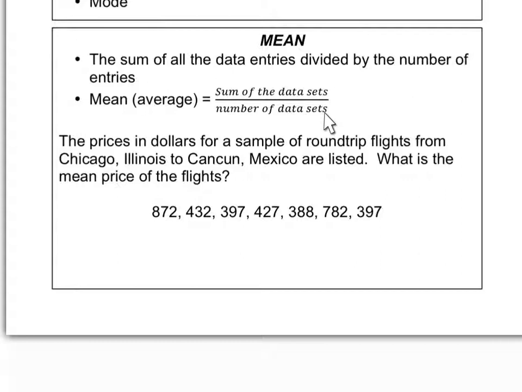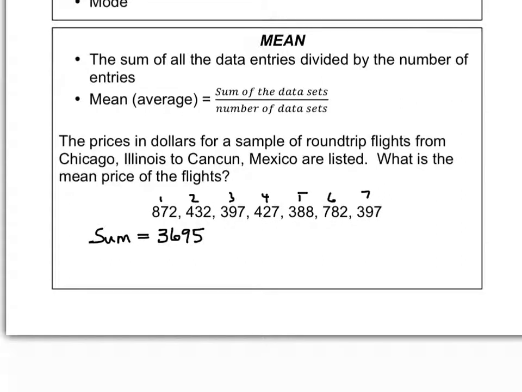It says the prices in dollars for a sample of round-trip flights from Chicago, Illinois to Cancun, Mexico are listed. What is the mean price of the flights? As I look at this, if I add all these values together, the sum of those 7 values is a total of 3,695, and there are 7 total values.